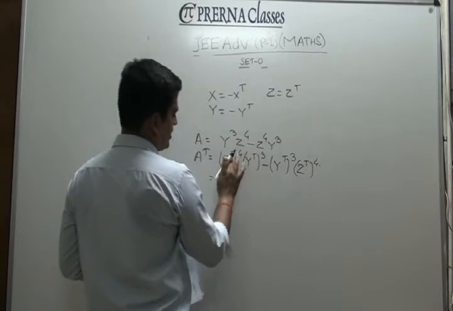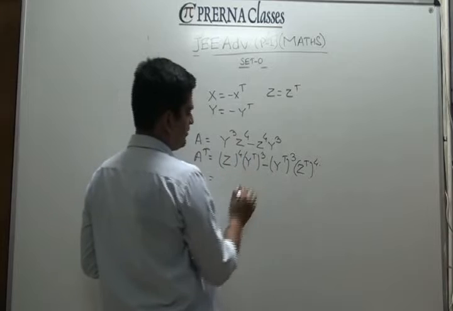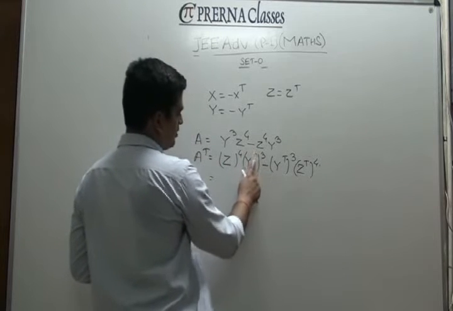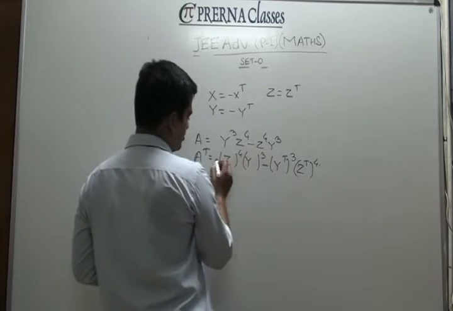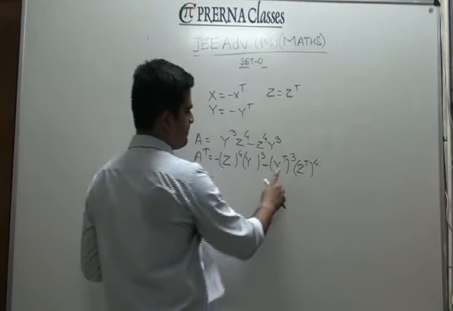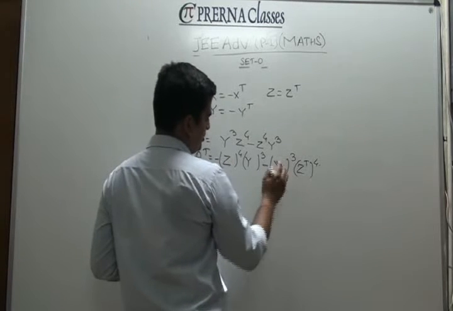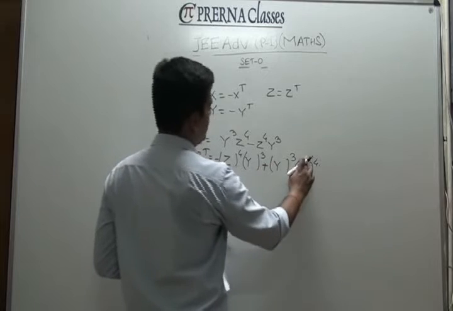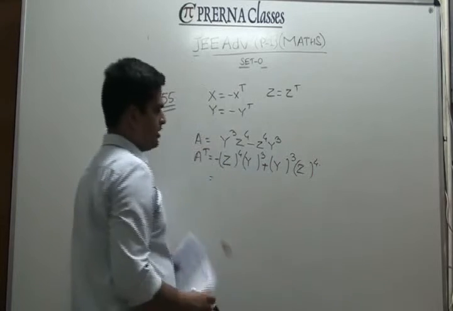But since Z is symmetric, you can say it is same as Z4. Y is skew symmetric, you can say it is negative of it, and because of odd power you will have a negative sign outside. This Y is again skew symmetric, which is going to make it plus. Z is symmetric, so you will have ultimately the same thing.